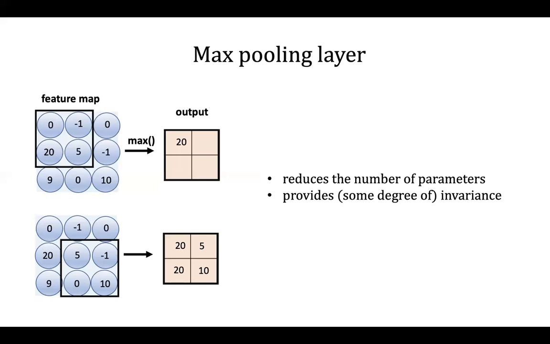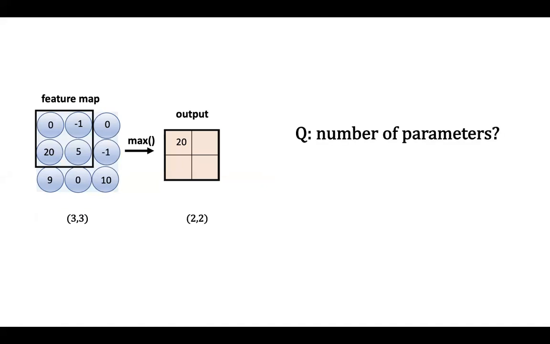The purpose of using this operation is to reduce the number of parameters. This is one. And the second one is to introduce some degree of invariance. We will talk about the invariance a bit later. And I have here another question. It's a bit of a tricky one.